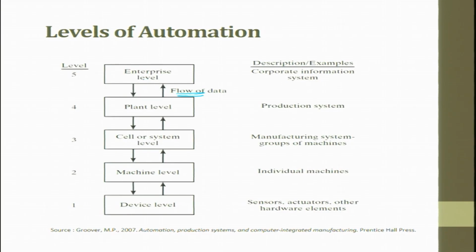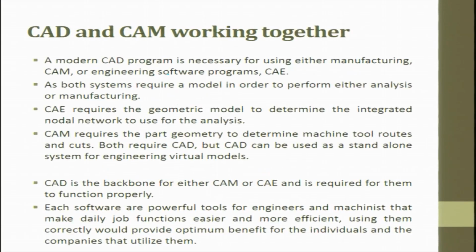Corporate information system is enterprise, production system is plant, manufacturing system, a group of machines, is cell, individual machines is machine level, device is sensors, actuators and other hardware. These are the 5 levels of automation. Lower one is device level, higher one is enterprise level. The amount of data handled is very high here as compared to this, because they have time based data.